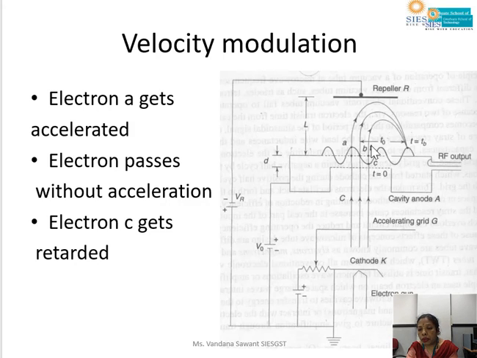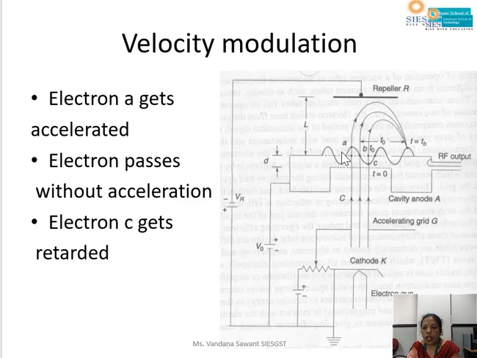Then they will travel for some distance and meet each other. Because of that, the bunching of electrons takes place at some distance. They meet with each other and their bunch is formed.